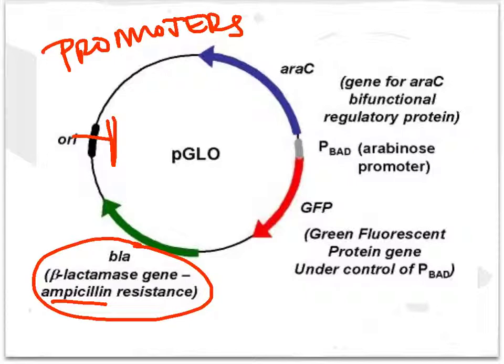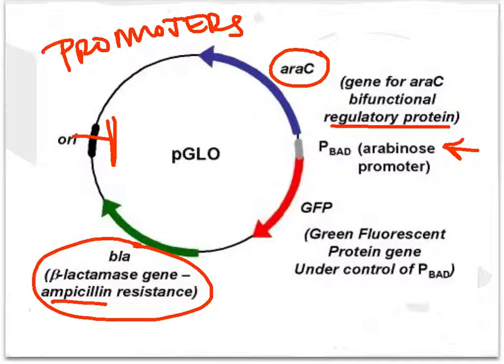The other thing that's going to be really important is this gene. It's a gene that creates a regulatory protein, but it responds to arabinose. Arabinose is another sugar.